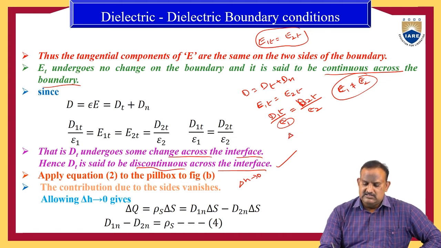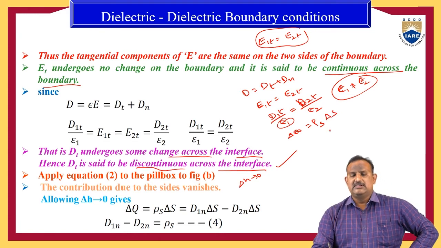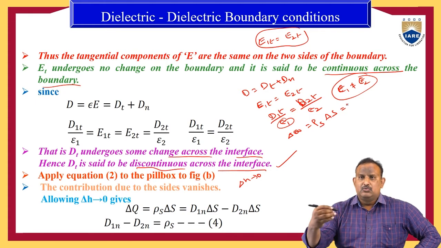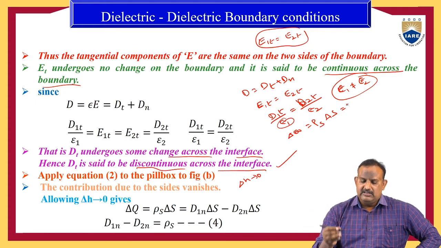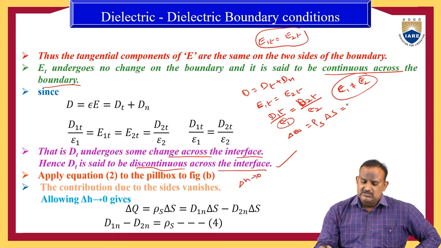Then we have the change in charge, delta q, which by the known equation is rho s into delta s, where rho s is the surface charge density. When the two surfaces touch each other, we can consider the normal parts on both sides.